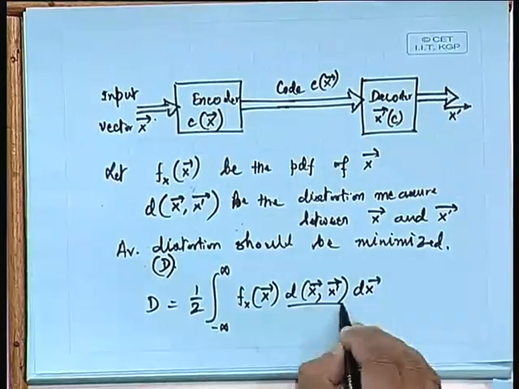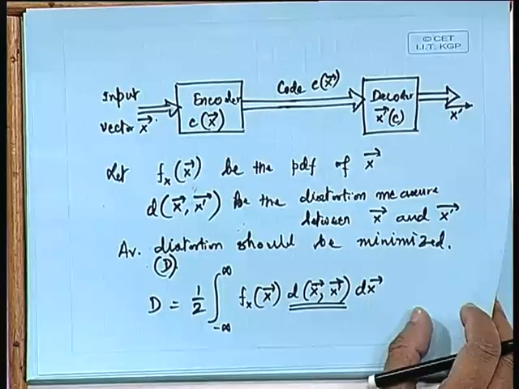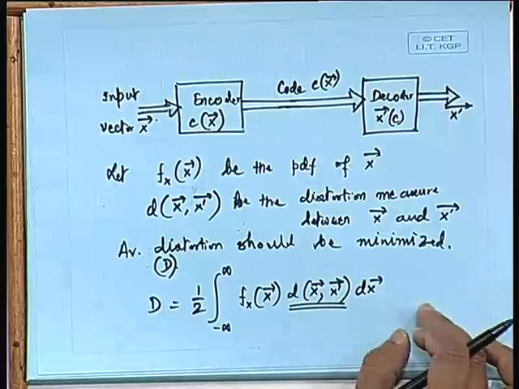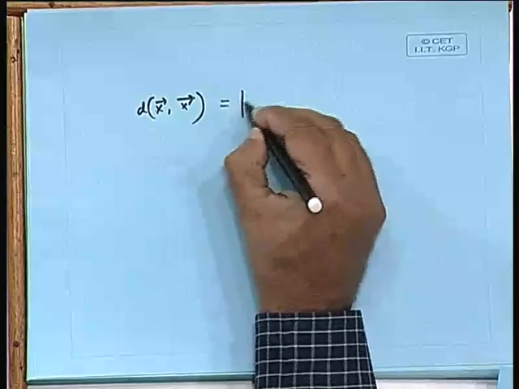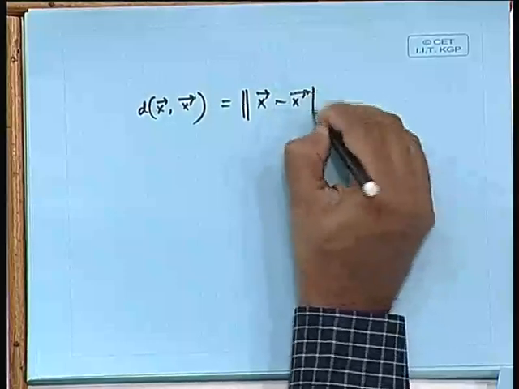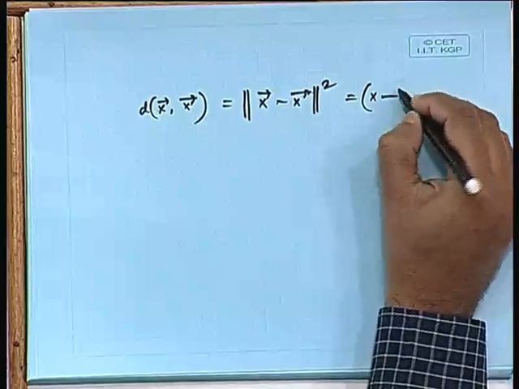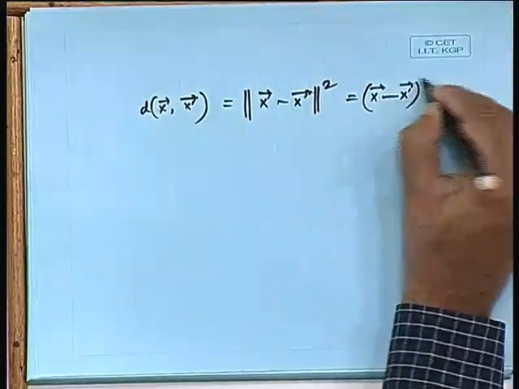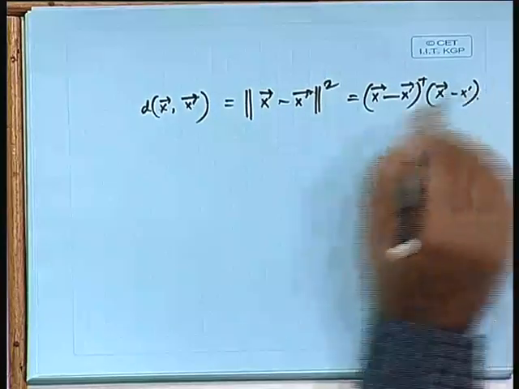Now, what is the form of this d(x, x')? One of the popular measures that we take for d(x, x') is the Euclidean distance between the two. So, d(x, x') is equal to the squared Euclidean norm, ||x - x'|| squared. The matrix-vector form of it is written as (x - x') transpose times (x - x').